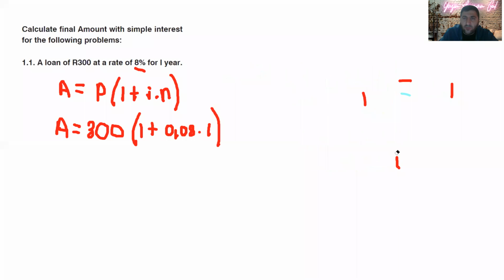So let's see. If this question was saying after 2 years, I'm just going to make it 2. After 2 years, how much money will be there? For the 1 year, we found 8 over 100 of 300 equals 24.